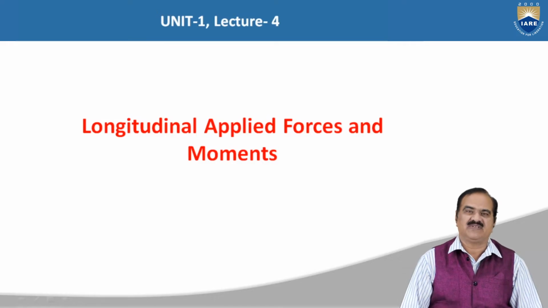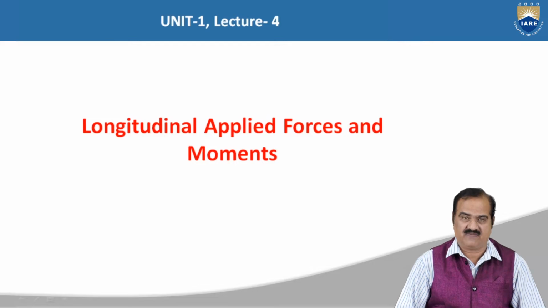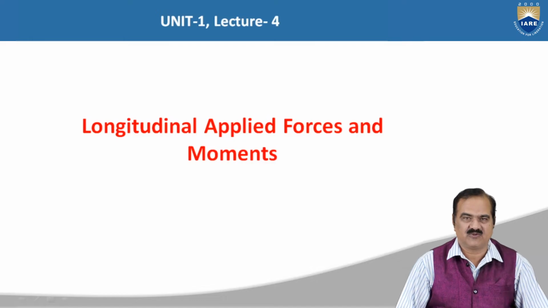Longitudinal means the motion in which the nose is going up or down. When the nose of the aircraft goes up or down, then we say that the aircraft is in longitudinal motion.